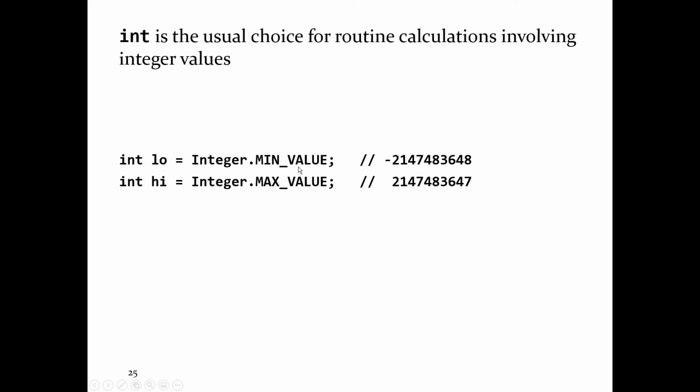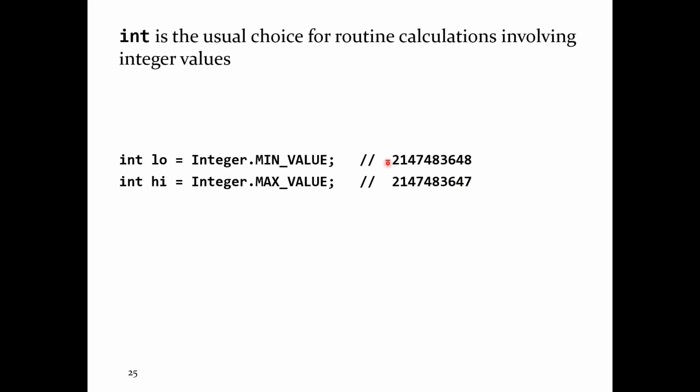The largest int value that you can store is defined by that constant there. Those are the actual numbers: minus 2 to the power 31, and 2 to the power 31 minus 1.